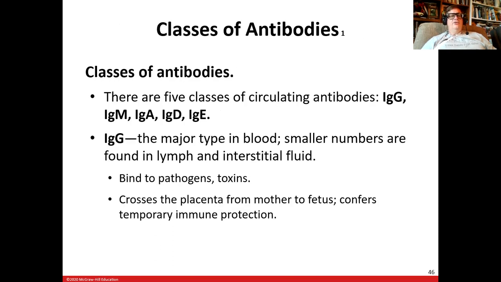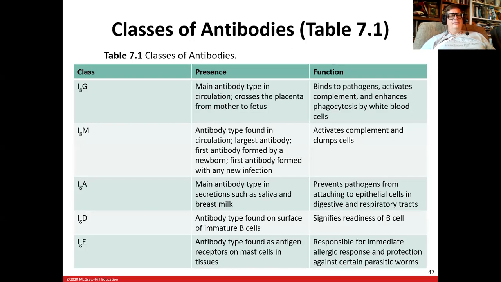All right. So classes of antibodies: IgG, IgM, IgA, IgD, IgE. IgGs are the immunoglobulins, in huge amounts in the blood, a little bit in the lymph, a little bit in the interstitial fluid. They bind to pathogens and toxins. They can go across the blood barrier from mommy to baby and give the baby some of the immunity that the mom has.